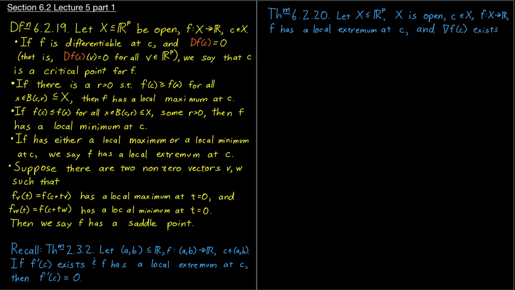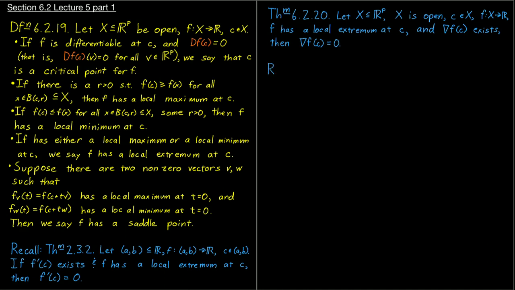And remember that this is a weaker condition than being differentiable in our linear operator sense. Then the gradient of f at C is equal to 0, the 0 vector.